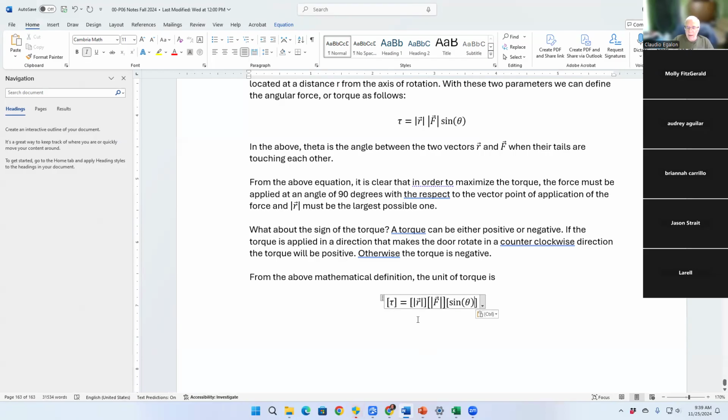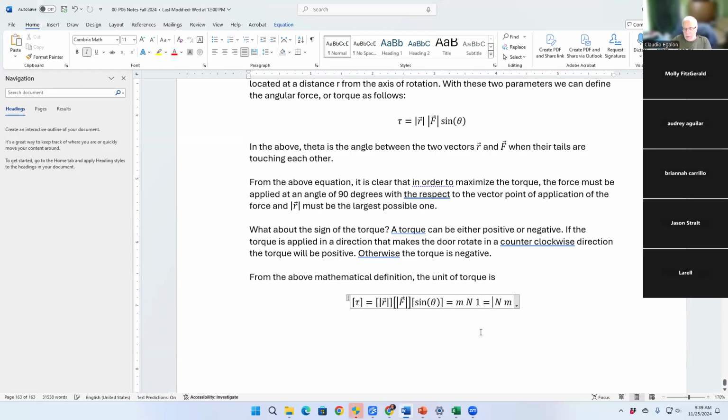The unit of R, you already know, is the meter. The unit of force is the Newton. The sine has no unit whatsoever, so you write that as 1. And that's the unit that ended up being the torque, Newton meter.